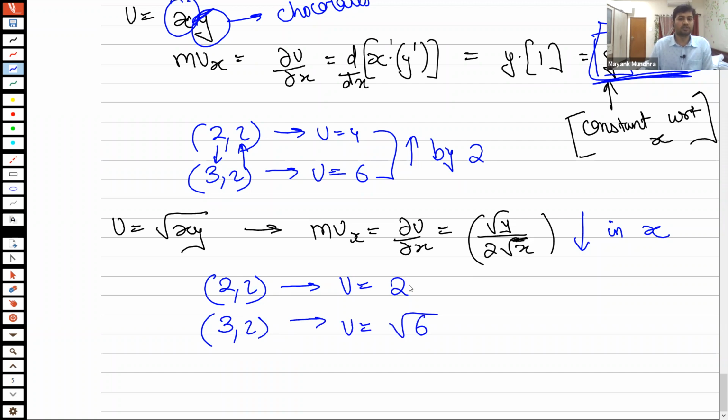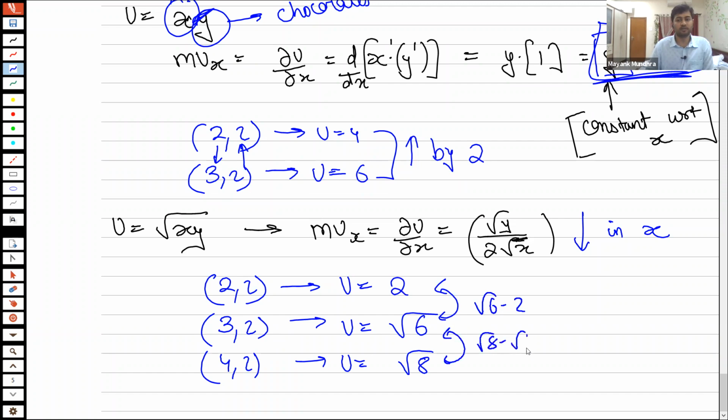The change in utility is root 6 minus 2. You increase it to 4 comma 2, so now the utility is under root 8. This difference is root 8 minus root 6.